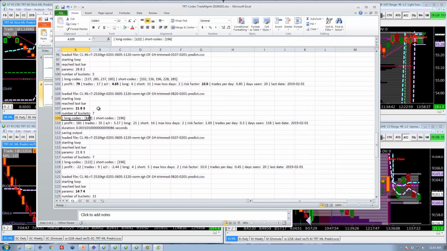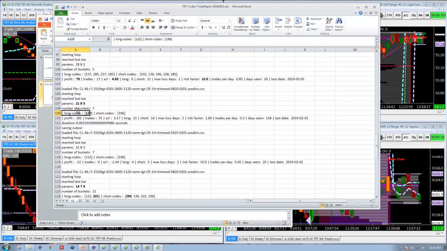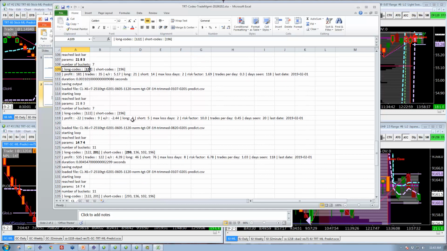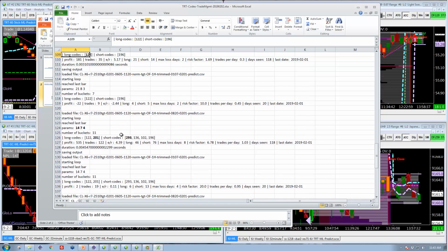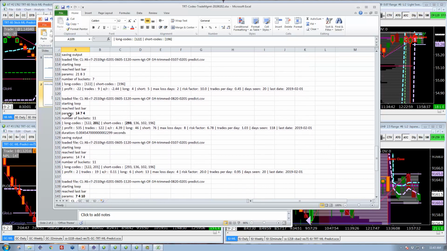As it turns out, this was the only 21 bucket run that yielded anything useful. So I don't copy and paste everything. There's too many. So let's take a look at 14 buckets, trade quality of 7, but I have to see it at least 4 times. You can see what's happening is as we make the buckets smaller, there are more buckets in total.